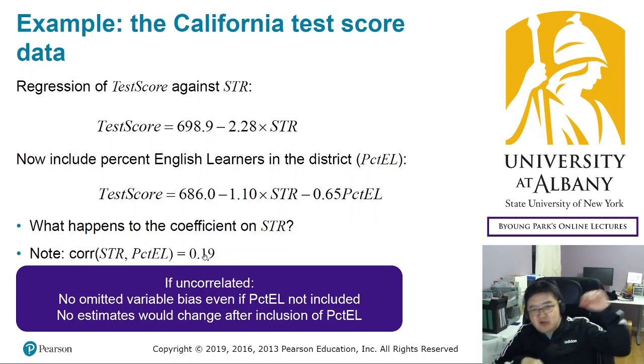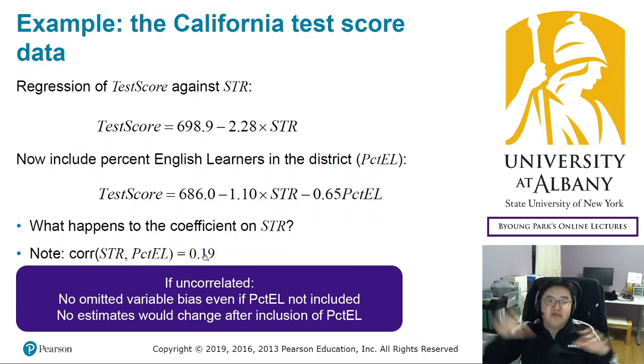So first channel was positive, second channel was negative, so the total bias is negative. Their multiplication is negative. By the way, it is not exactly what I meant by gamma, so I cannot calculate gamma only from this information, but the correlation tells you the direction of the omitted variable bias.